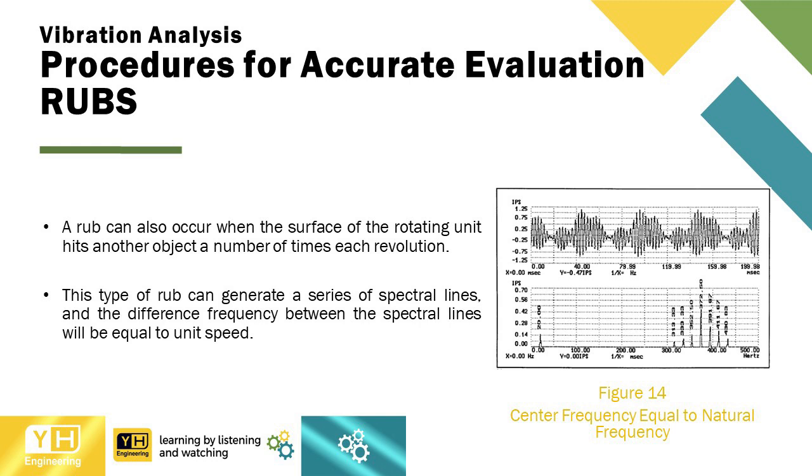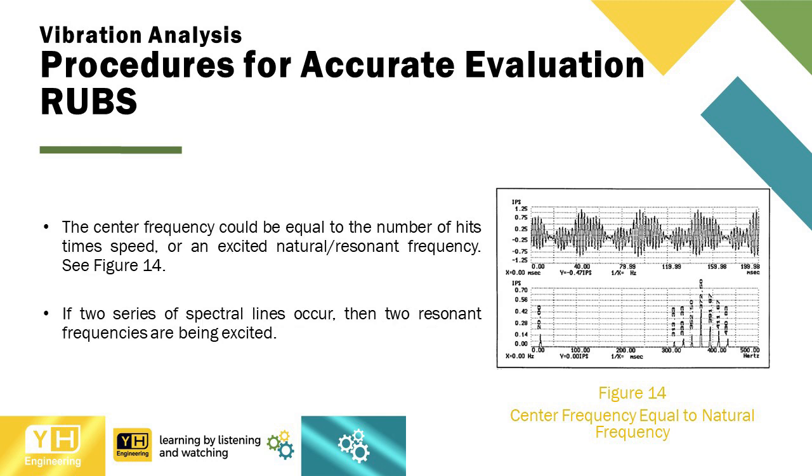This type of rub can generate a series of spectral lines, and the difference frequency between the spectral lines will be equal to unit speed. The center frequency could be equal to the number of hits times speed, or an excited natural/resonant frequency. See Figure 14. If two series of spectral lines occur, then two resonant frequencies are being excited.